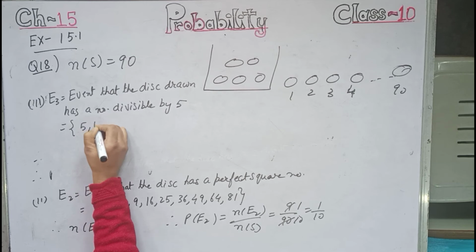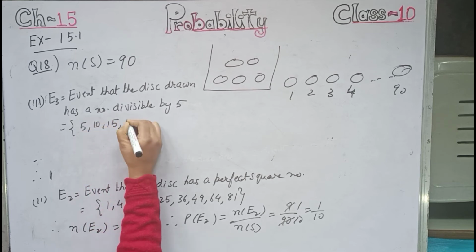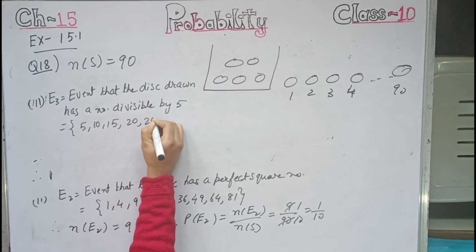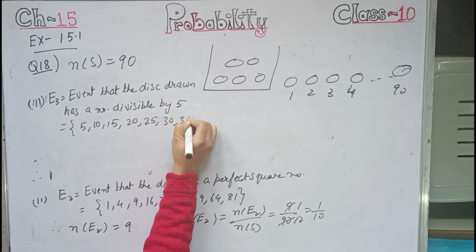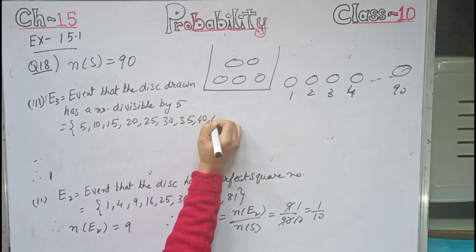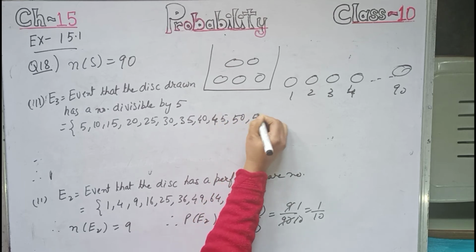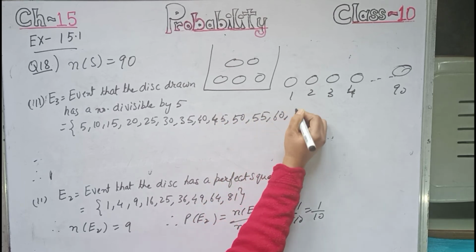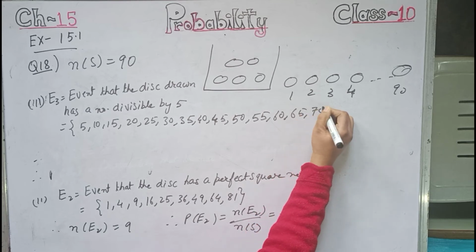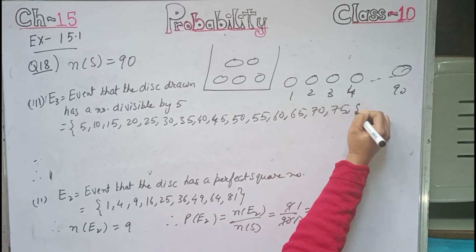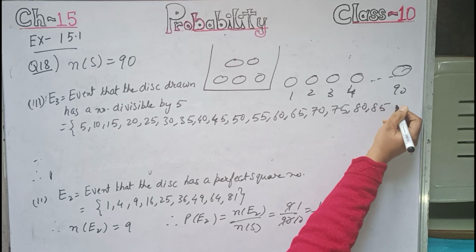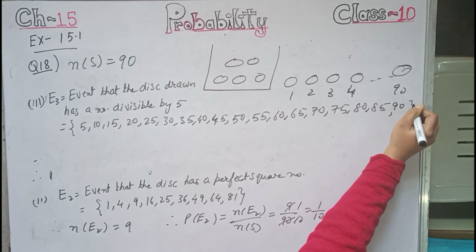Now 5, 10, 15, 20, 25, 30, 35, 40, 45, 50, 55, 60, 65, 70, 75, 80, 85 and 90 itself.